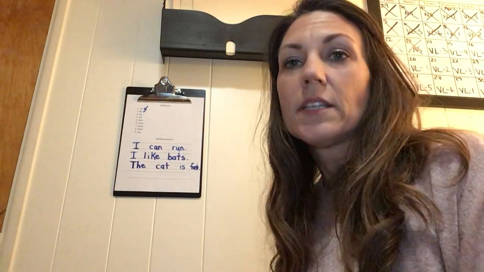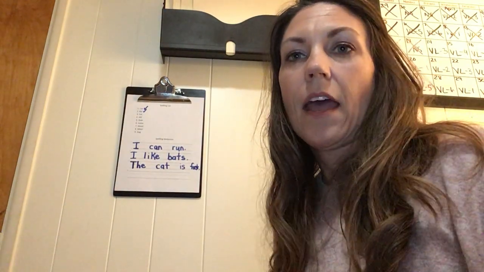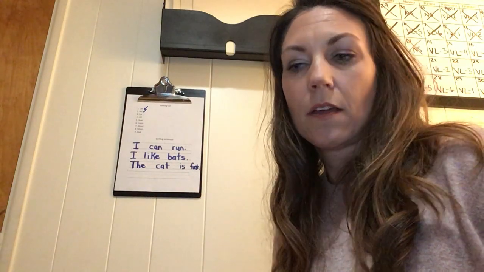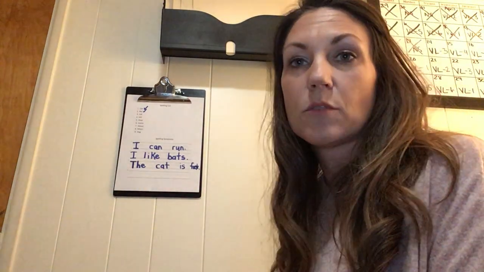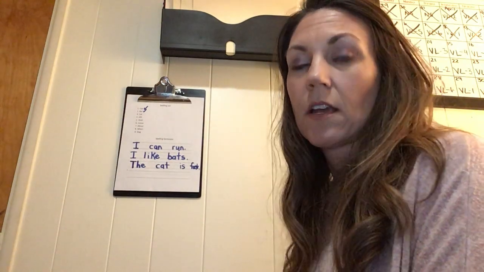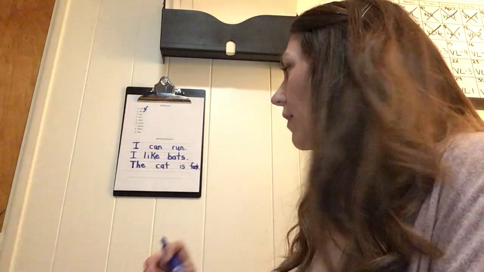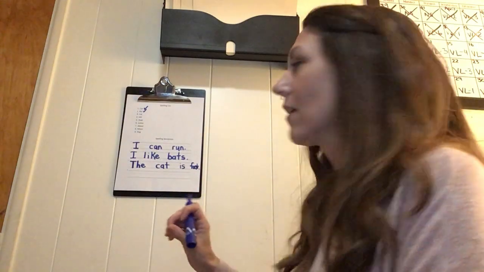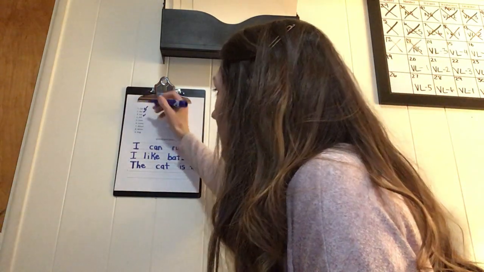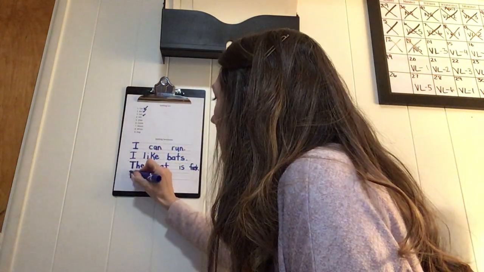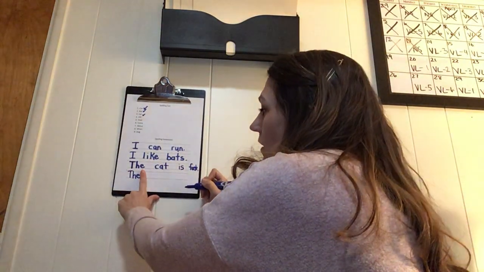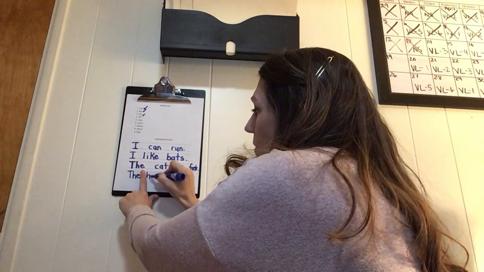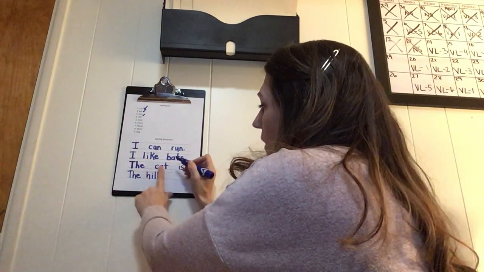If they don't want to use coins, they can use stickers, they can use a paper clip. So for their last sentence, I might ask them to use something other than an object. Maybe I'm going to instruct them on how to use their finger. So the next one is hill. And I will demonstrate and have them use their finger to measure the space between each word.